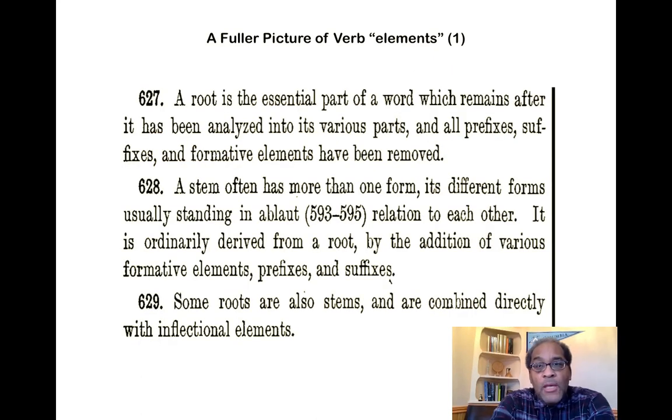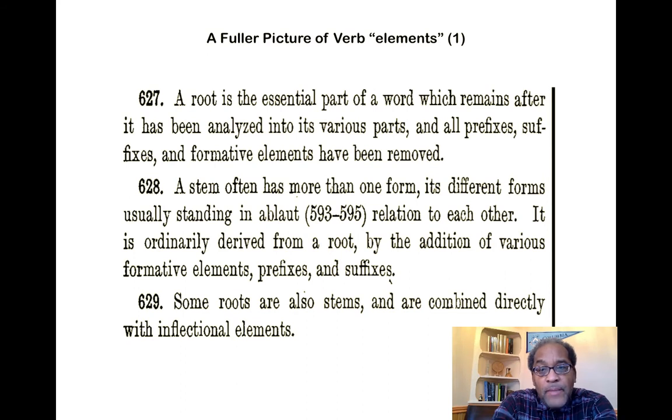Now, for a fuller picture of these elements, the root is the central part of a word which remains after it has been analyzed into its various parts, and all the prefixes, suffixes, and formative elements have been removed. We talked about roots in an earlier lesson.